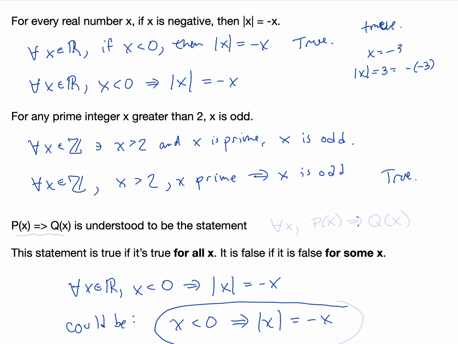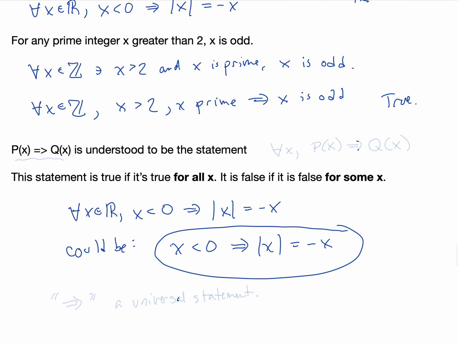What I want to highlight here is that an implies statement is assumed to be a for all statement. In other words, the statement if P of x implies Q of x is understood to be the statement for all x, P of x implies Q of x. So an implies statement really is a universal statement.